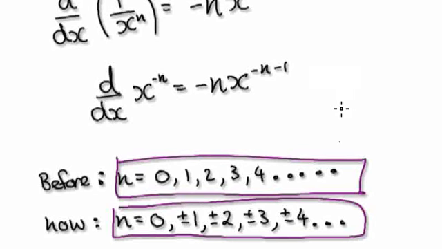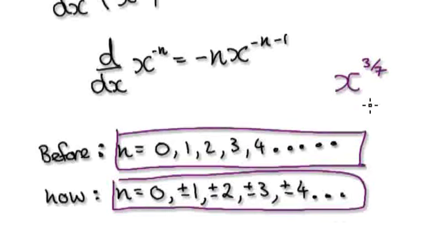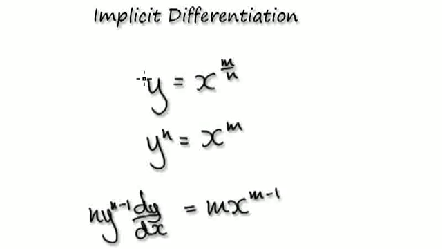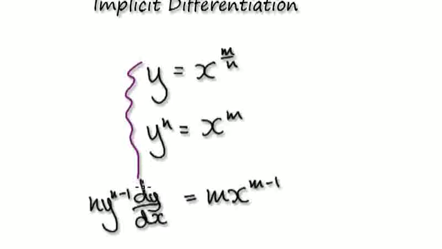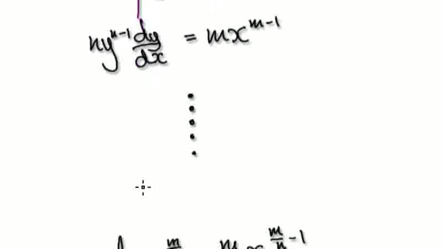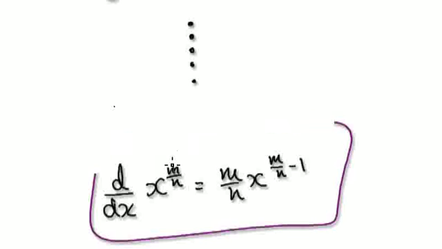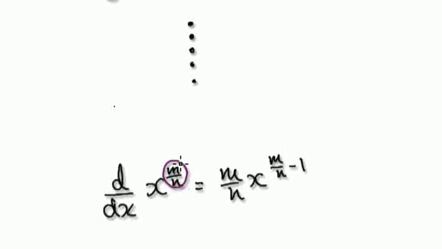Okay, and now for the case of a fraction, x to the power of a fraction, let's say x to the power 3 over 7, we have to use implicit differentiation. Okay, so we would have to blah blah blah, and again several videos on this already. So you would get to this stage here, and then when you get to this stage, you can see that whenever you want to differentiate x to the power of a fraction, this gets moved down to here.